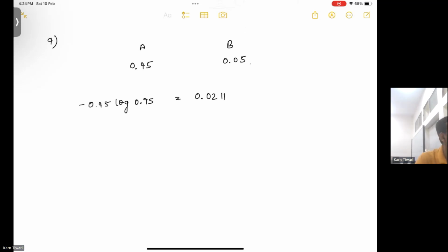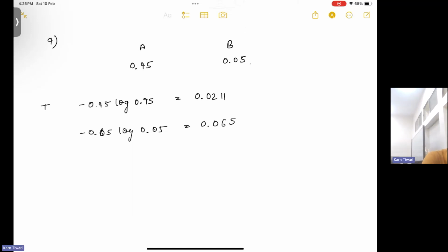Now, if we take minus 0.05 log 0.05, which is 0.065.